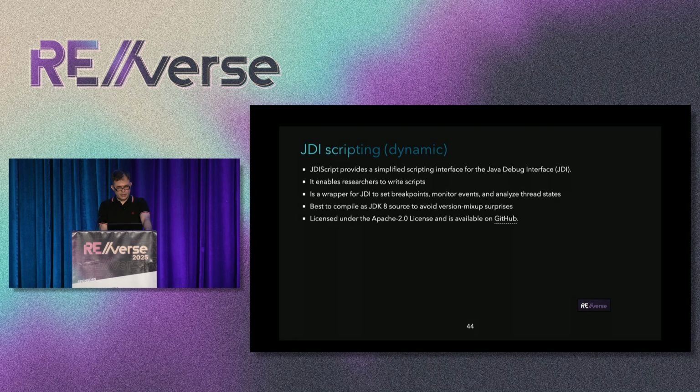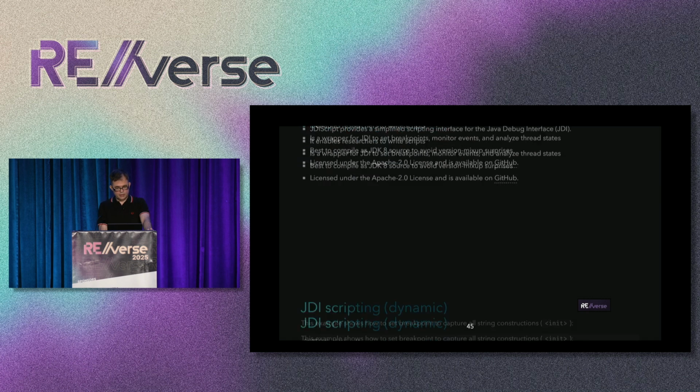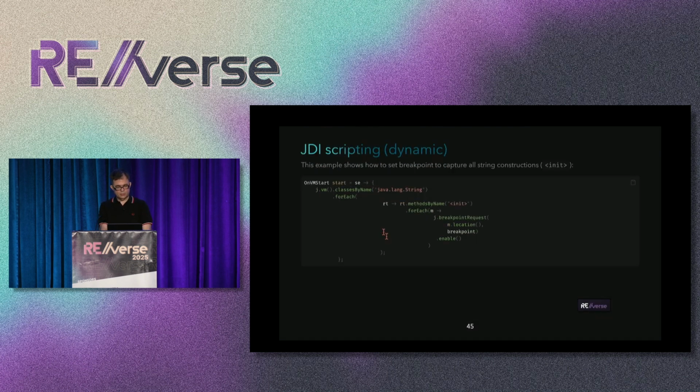It uses JDK 8 language features, so best to compile with the JDK 8 compiler to avoid version mix-up surprises. You can find it on GitHub, and it abstracts away some nice things.